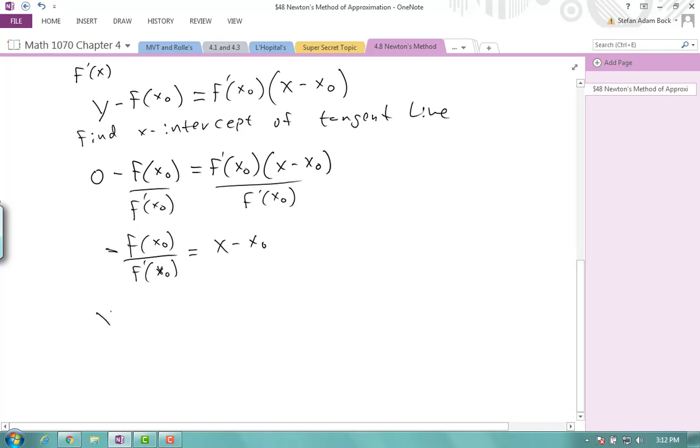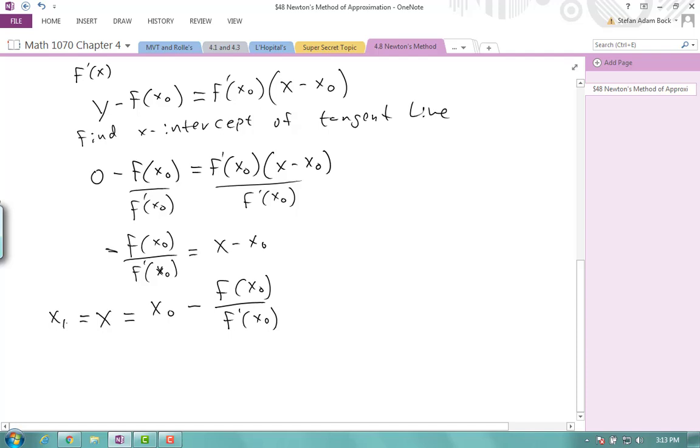So when I solve for x, I get x sub 0 minus f of x sub 0 all over f prime of x sub 0. But since this is the x-intercept of my tangent line, according to what I said in the picture, I'm going to use this the next time I apply Newton's method. So I'm going to call this x sub 1.